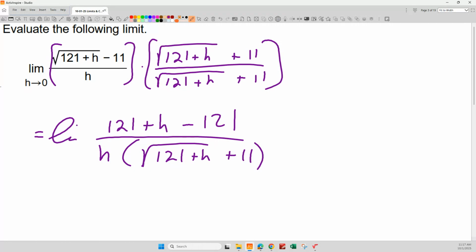Yeah, okay, the 121s cancel horizontally. And then I can cancel the h's vertically, leaving a 1 on the top. And then I just evaluate directly, right? Okay.